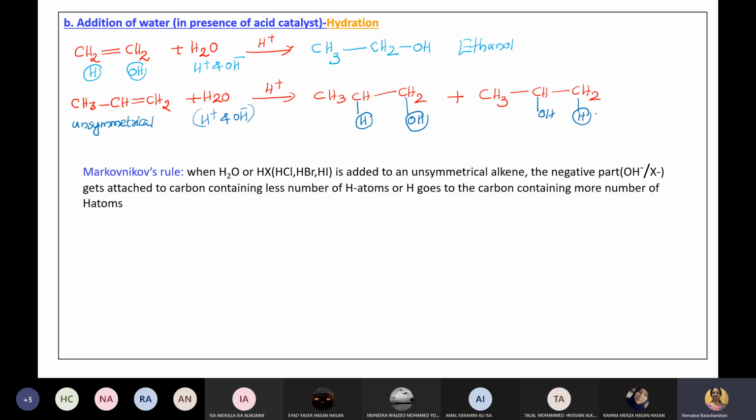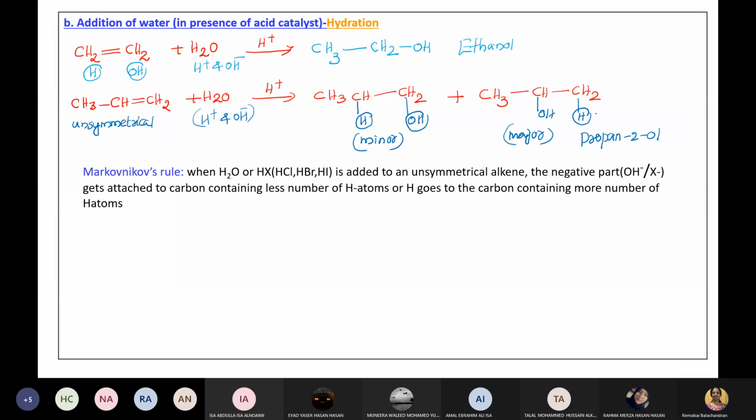You understand the meaning. So first case CH3CH2CH2OH. Second case CH3CHOHCH3, of which this is formed in minor quantity, or we neglect this, very small in amount. This is the major quantity. This is the main product. So this is propan-2-ol, right? Yes. This is propan-1-ol.